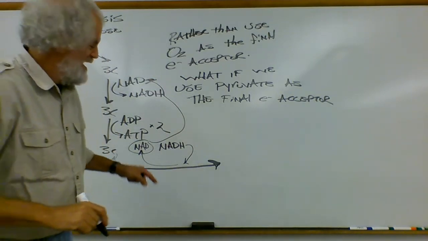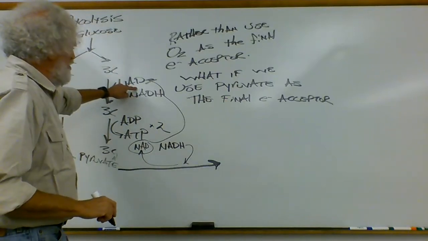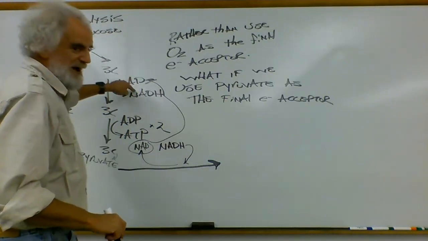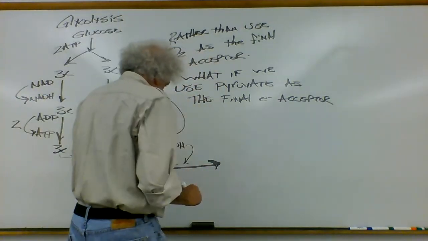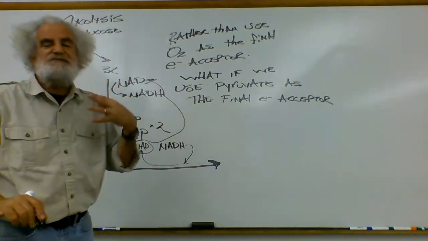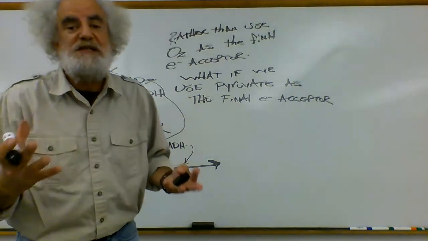So we can just simply recycle this NADH and just bounce it right back up. And the same with this one. And now we've got the 3-carbon pyruvate. It has been reduced. It becomes a different molecule.